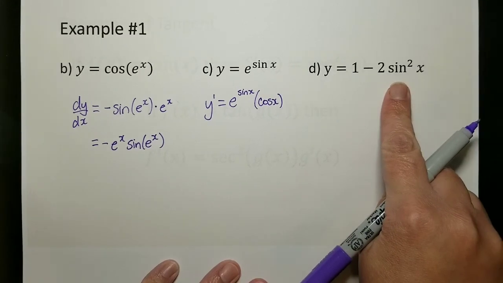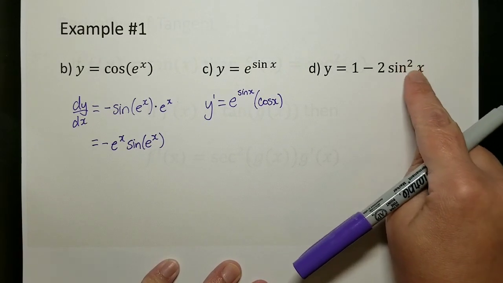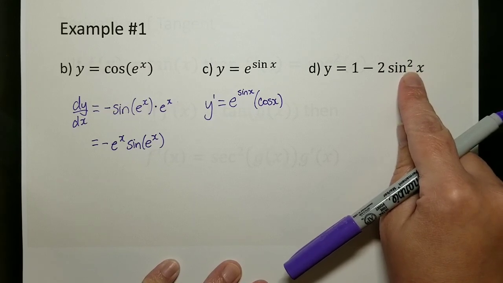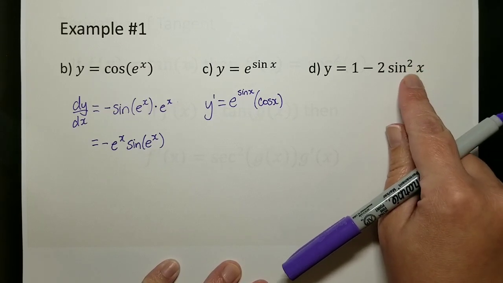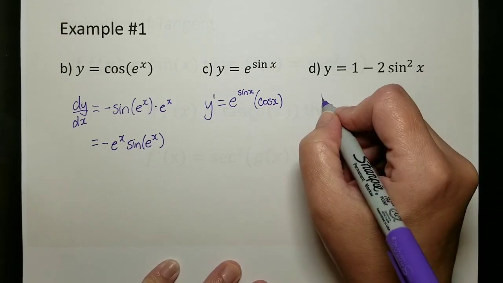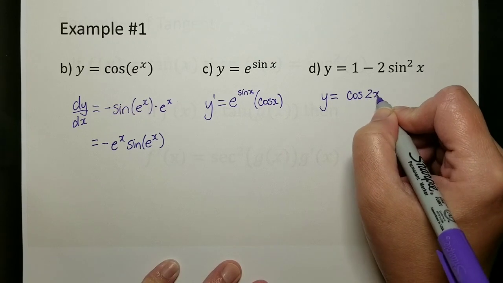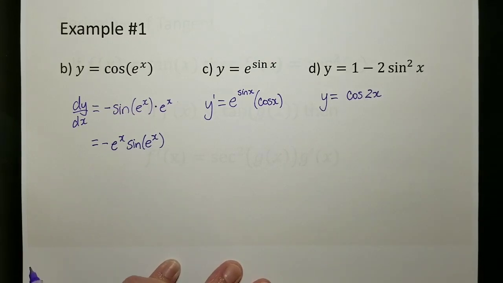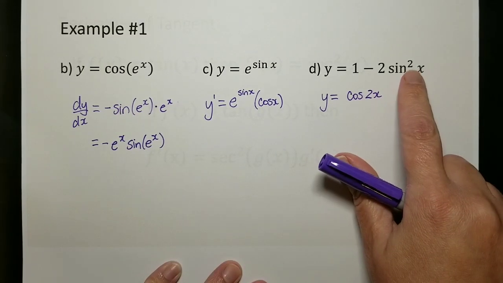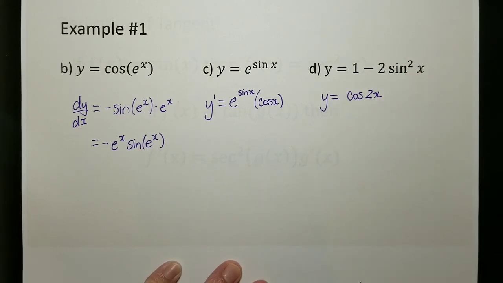The next one, 1 minus 2 sine squared x. We don't know a derivative rule for sine squared, but I do know my double angle formulas, and I know that this is actually equal to cos of 2x. So you may have to do a substitution because we don't know how to do anything with powers of trig functions yet.